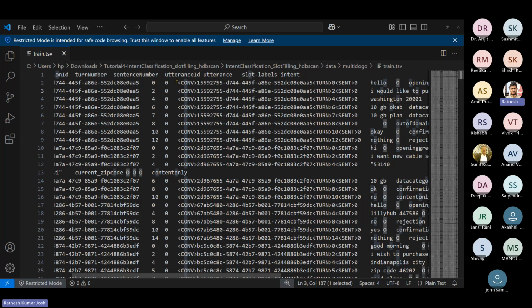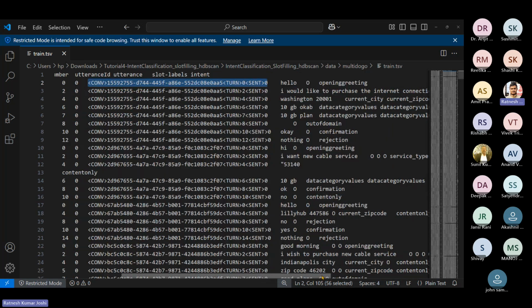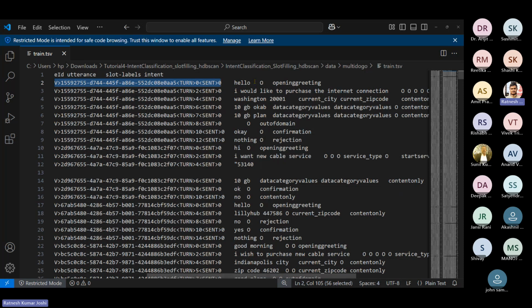Utterance ID is generated by combining conversation ID, turn number, and the sentence number. Then we have the actual utterance that is spoken, all the relevant information or named entities that are present in the text. And then finally, what is the task that the user wants to perform by giving that particular sentence or input.